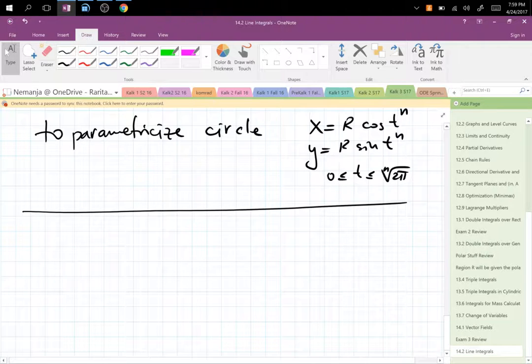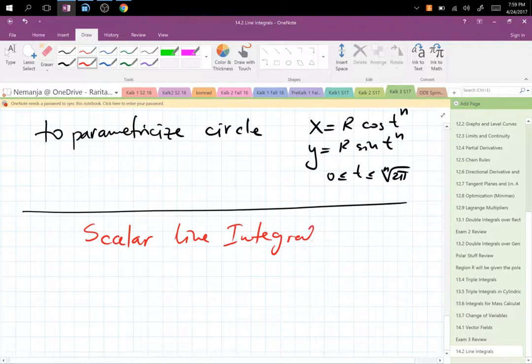So it's time for 3D. So scalar line integral in 3D. It's the same thing.